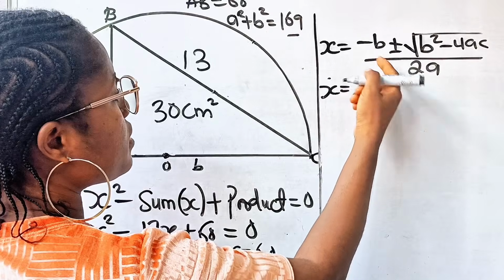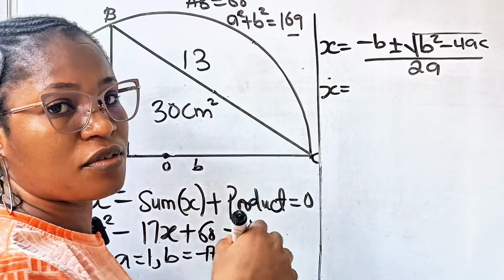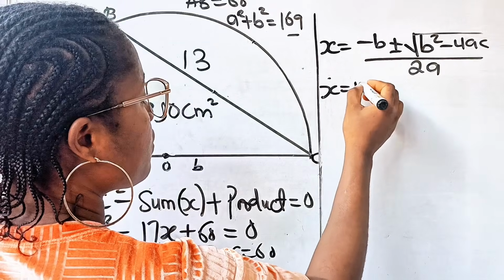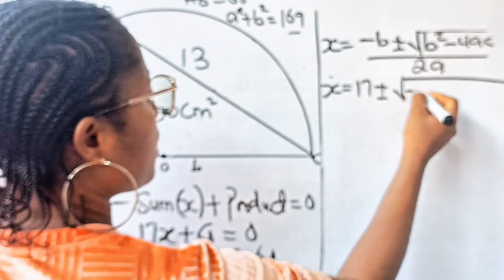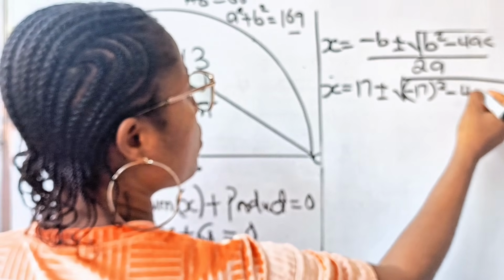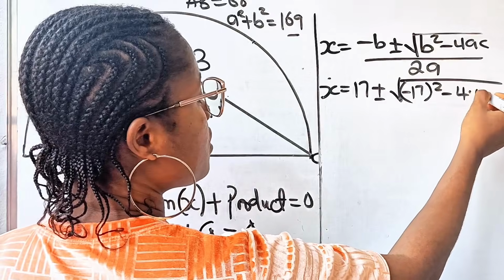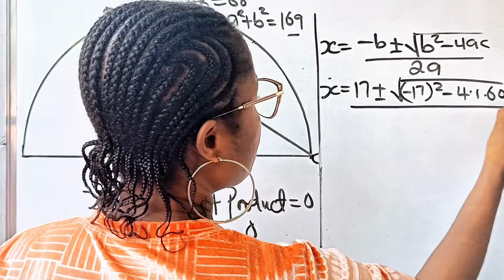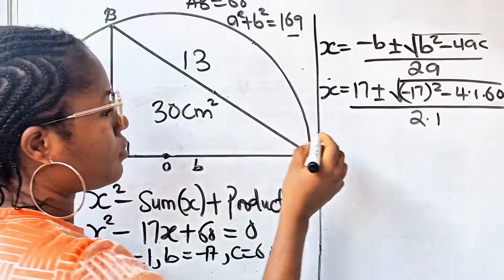Our x will be, since our b is negative 17, it's going to be negative, which is positive, right? So we have 17 plus or minus square root of b squared, which is negative 17 squared, minus 4 multiplied by a, which is 1, multiplied by c, which is 60. Everything divided by 2 multiplied by 1, which is our a.